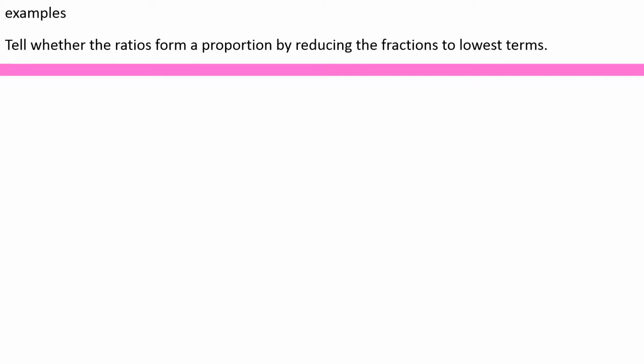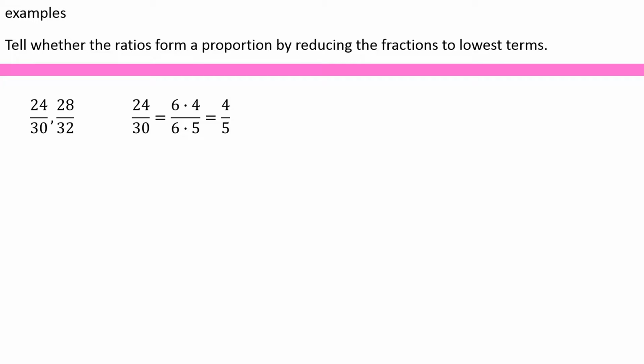Let's try a couple. Do these ratios form a proportion? Okay, now the directions say let's reduce to lowest terms. So if I start with 24 over 30, it looks like the greatest common factor is 6.